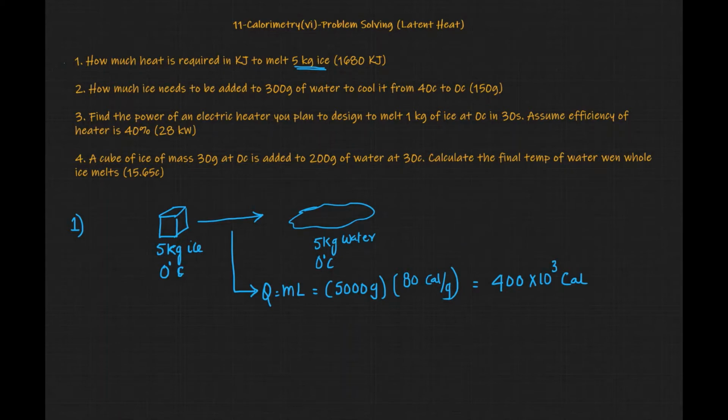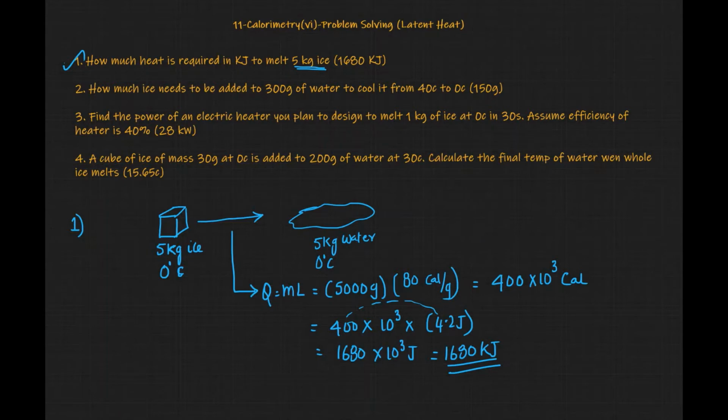We need the answer in joules, so that'll be 400 into 10 power 3 into 4.2 joules, that's 1 calorie. That will amount to 1680 into 10 power 3 joules, or 1680 kilojoules. So that was an easy one.